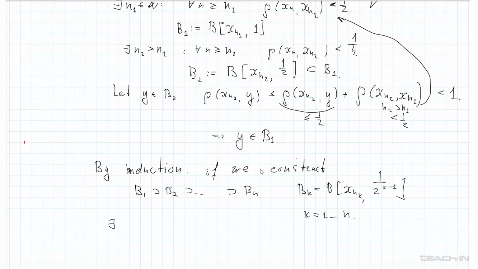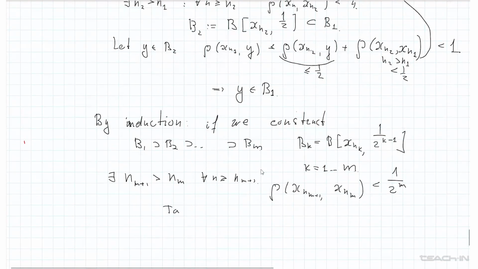So we say that there exists n(m+1) greater than nm, then for any n, distance between xn(m+1) and xnm, at the center of the last ball, less than 1 over 2 power m, and then we take next ball m plus 1, which is with center this number and radius 2 times larger.